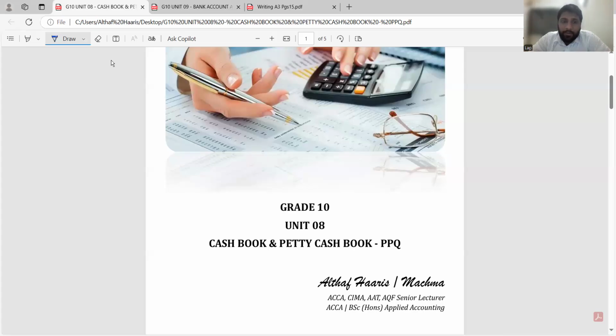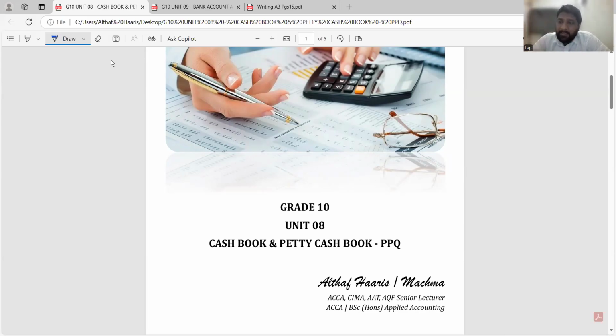Today we are going to focus on unit number 8 and unit number 9. Next week, I'll be focusing on units 10, 11, 12, all 3 units. With that, the grade 10 accounting part will be over. Over means the past papers also will be over.